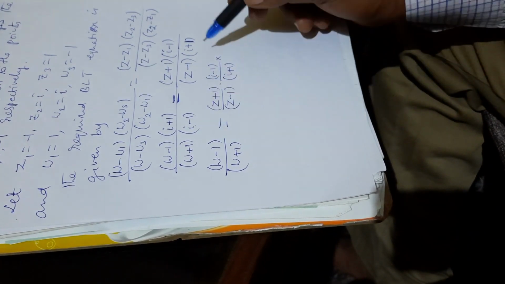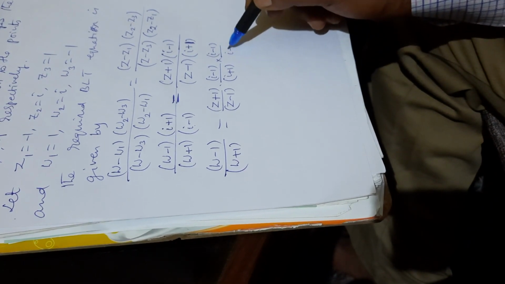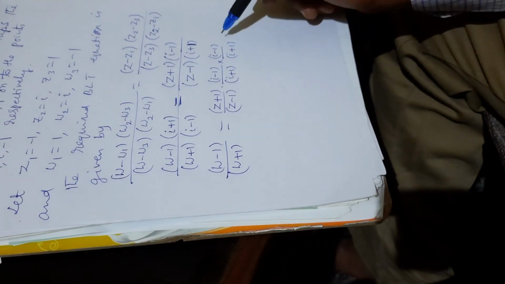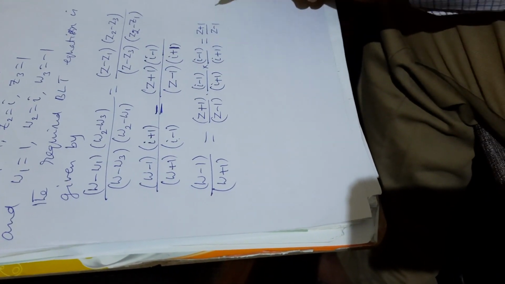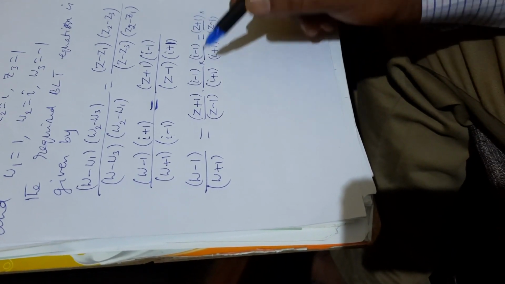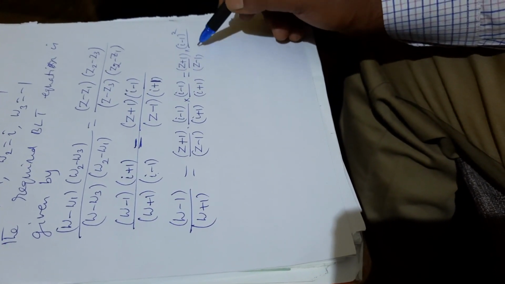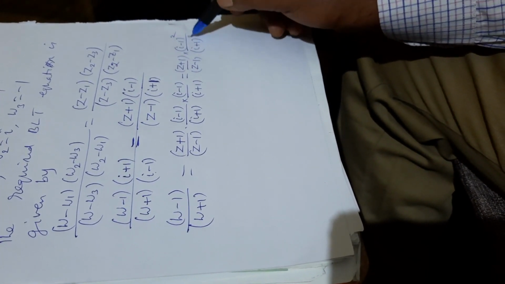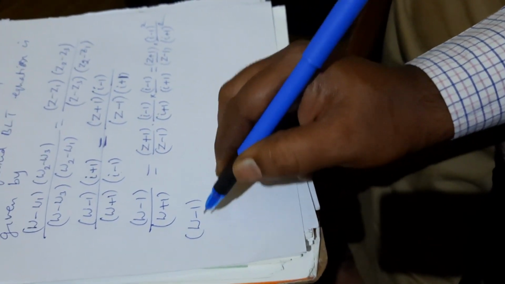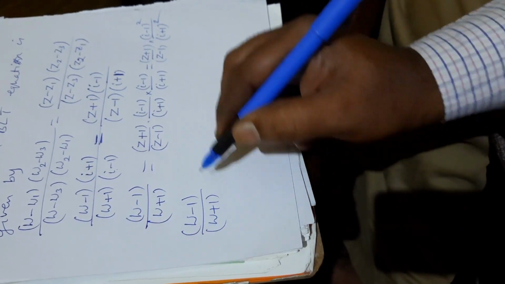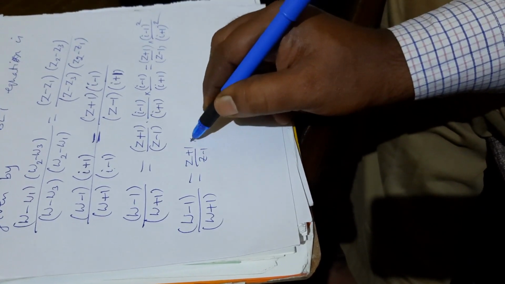Cross multiplication: I minus 1 divided by I plus 1 is z plus 1 divided by z minus 1 into I minus 1 whole square divided by I plus 1 whole square. Next simplify.